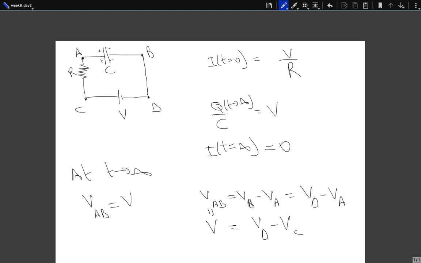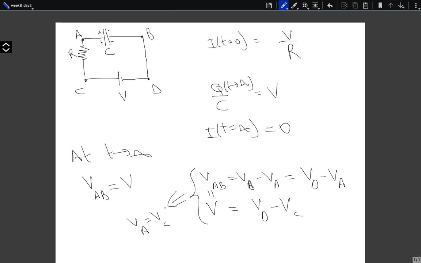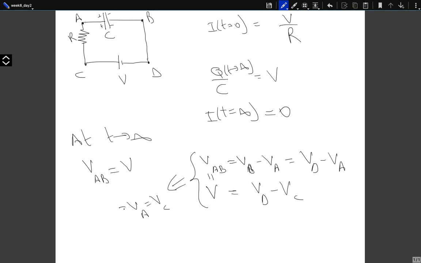But now, the potential difference between the point D and A is equal to the potential difference between the point D and C. But this tells me that the point A and point C are at the same potential. So these two imply that the potential at the point A is equal to the potential at the point C. There is no potential difference between the point A and C.